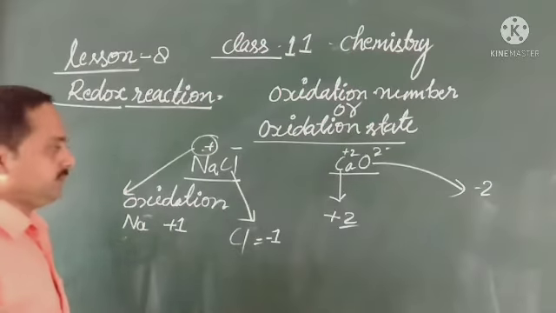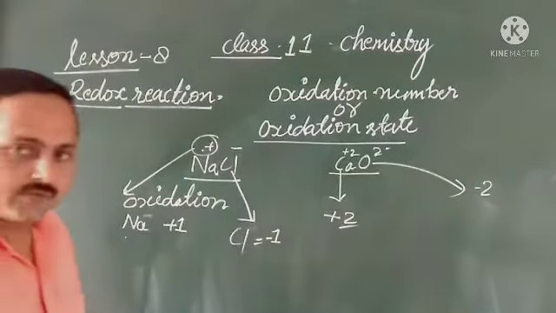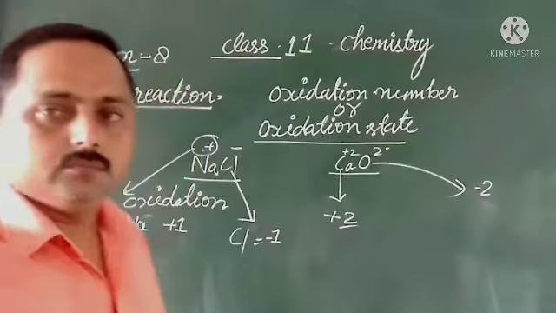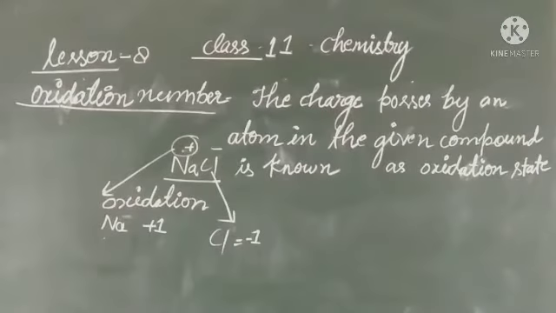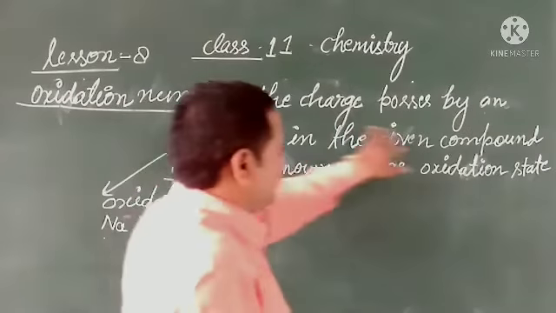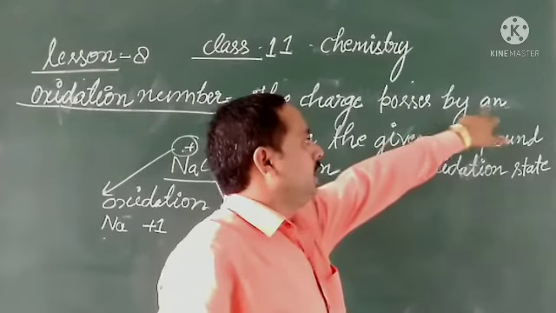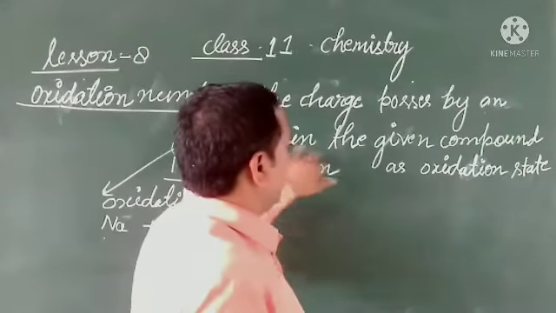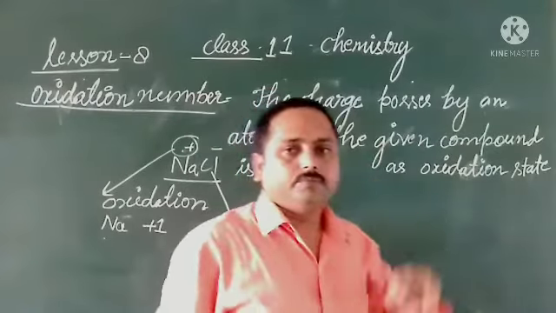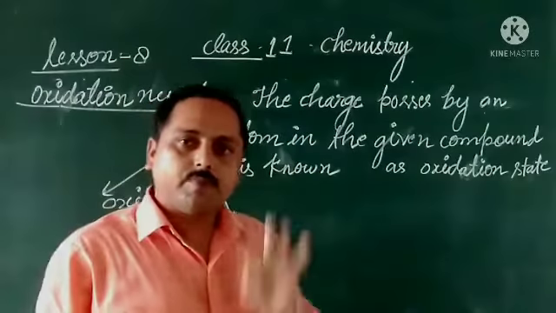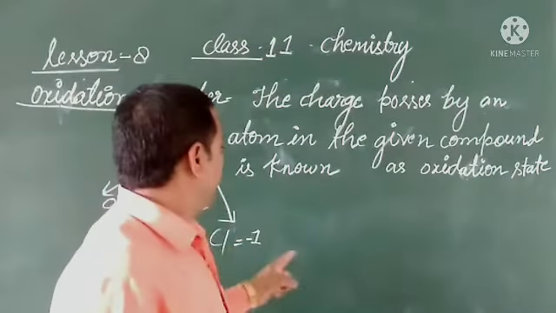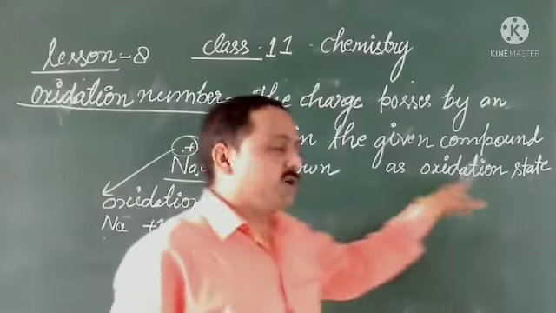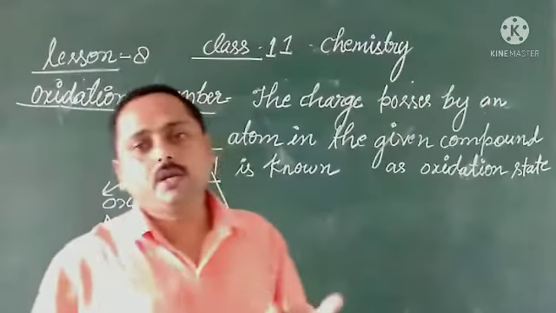The charge possessed by an atom in a given compound is known as oxidation state or oxidation number.